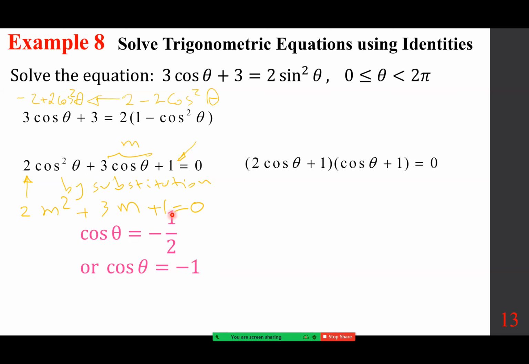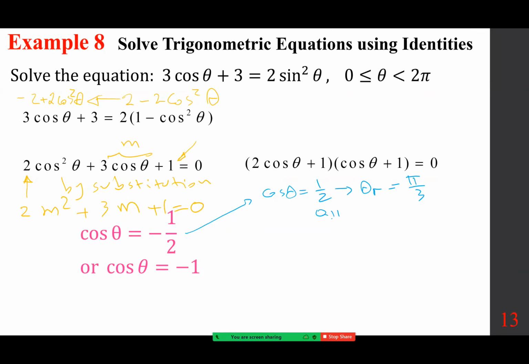But negative 1/2, first let's look at 1/2. So I want to look at cosine theta being 1/2 in the first quadrant. The reference arc is pi over 3. Since it's negative, we've already discussed that also. It's negative in the second and third quadrant.